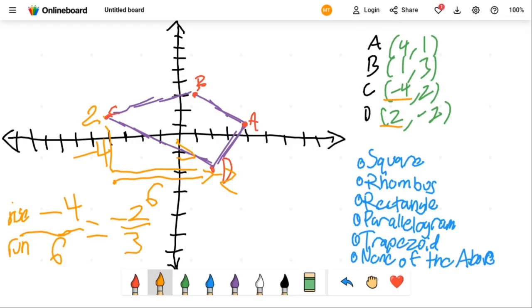Then we check the other line and do the same thing, rise over run.